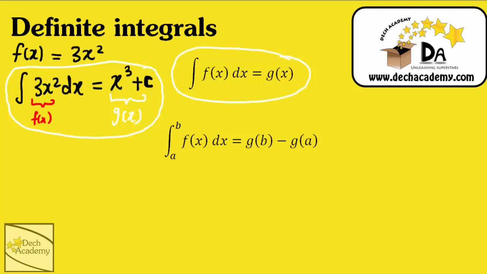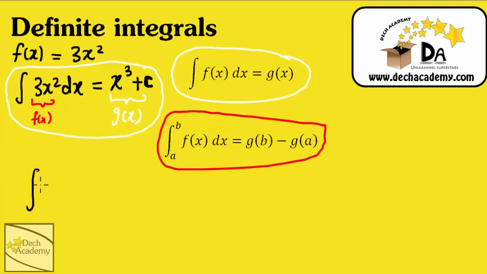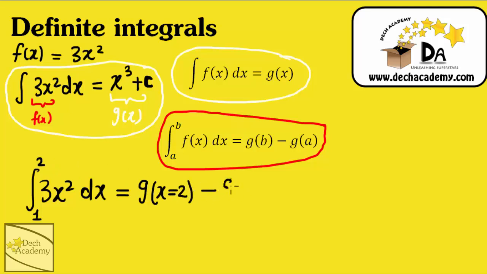So consider this second scenario where we're finding a definite integral of the integrand. So imagine I'm integrating 3x squared with respect to x, with the upper limit b being 2 and the lower limit a being 1. All you have to do is take your indefinite integral, which is g of x in this case, and then replace x with the upper limit, which is 2 in this case, then subtract the indefinite integral where x has been replaced with the lower limit 1.